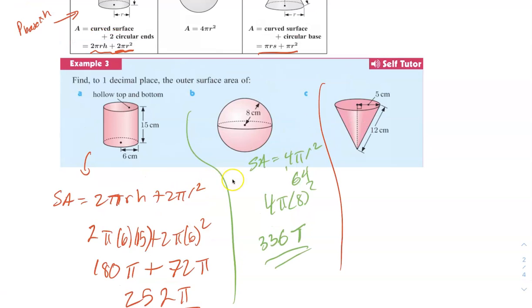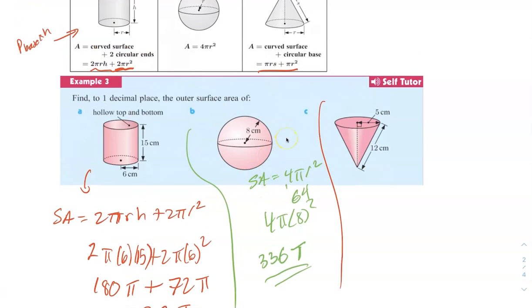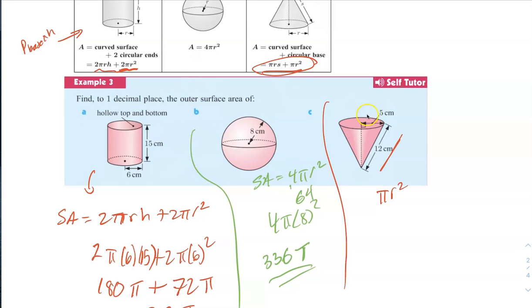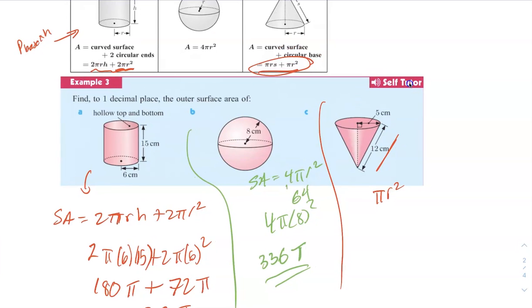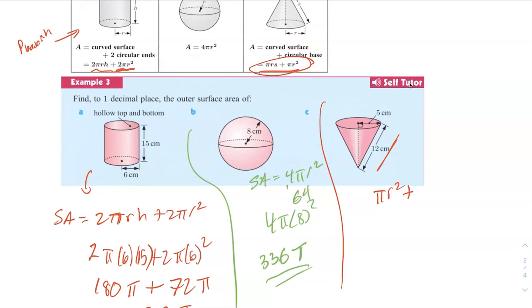And then the cone one, which again, lucky for us, they just give us the formula because it's a lot easier than having to find the triangle. Oh, they just give us the slant height anyway, so I guess it doesn't matter. So it's the area of the base, which is pi r squared, plus the perimeter of the base, which is circumference, 2 pi r, times the slant height, which in this case is 12.